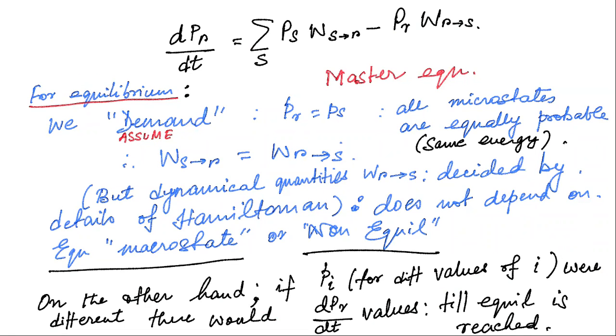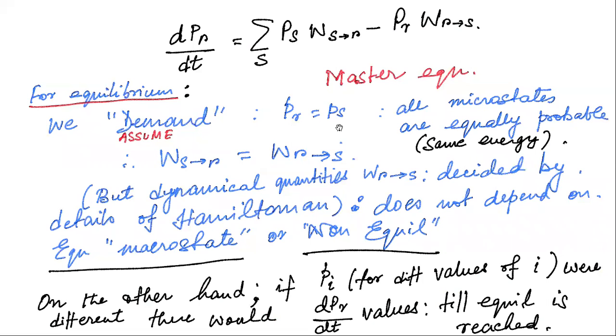Now, remember that previously we had demanded that all microstates have to be equally probable, that the probability of occupation of any microstate has to be equal. So all the P's have to be equal, PR has to be equal to PS.